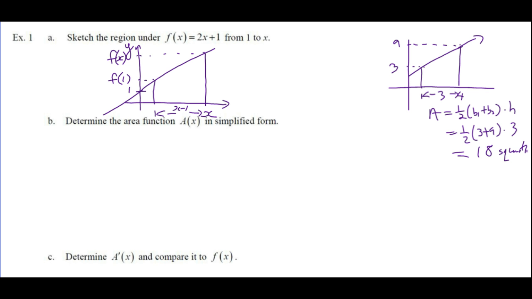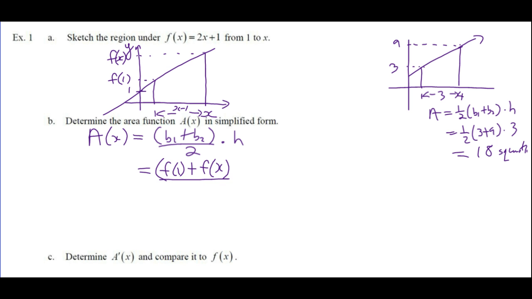Okay, so the area as a function of x is equal to, well, let's put the formula in: b1 plus b2 over 2 times h. What's b1? What's f of 1? Well, let's do this. So we'll go f of 1 plus f of x over 2 times x minus 1.